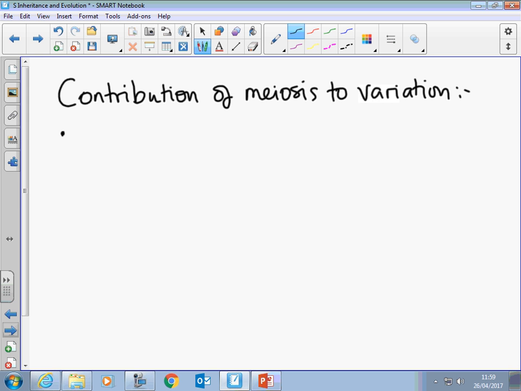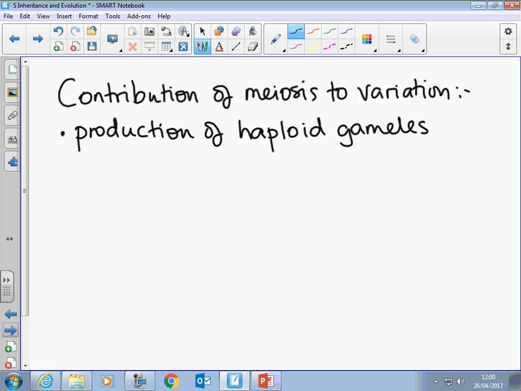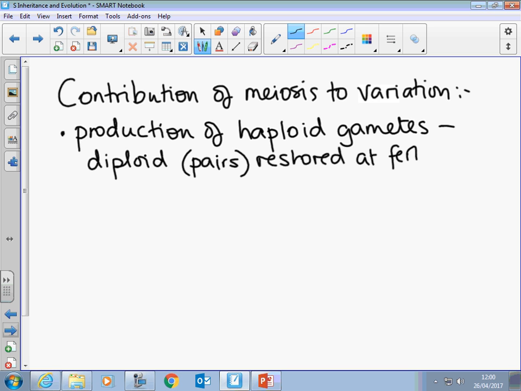First of all, it's production of haploid gametes. And so what you end up with is diploid, in other words, pairs, restored at fertilization.